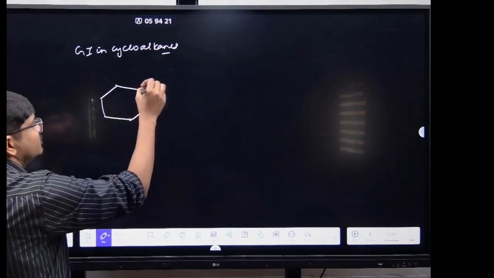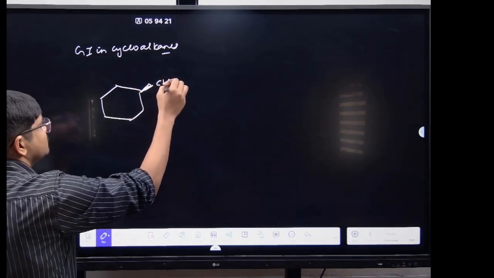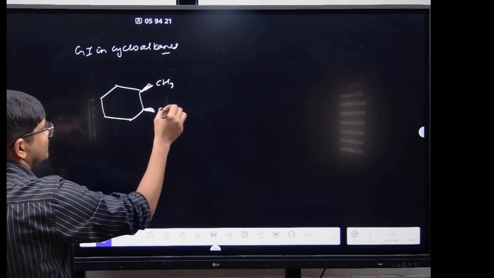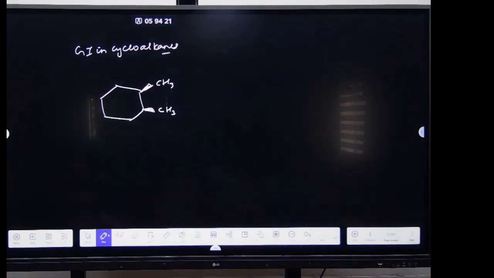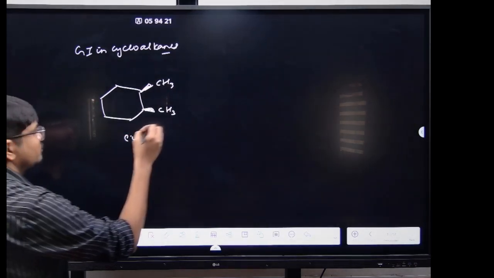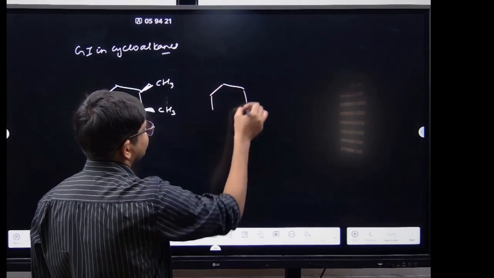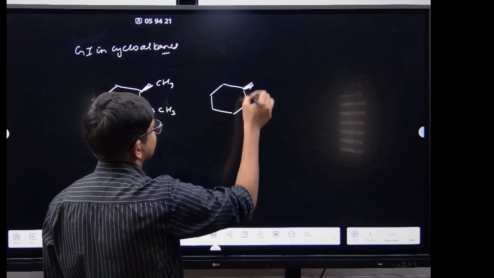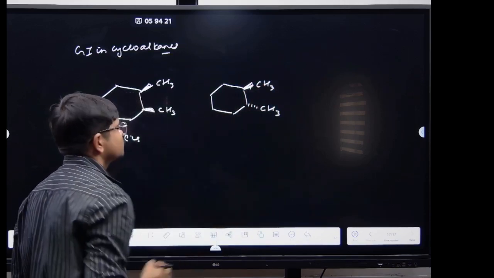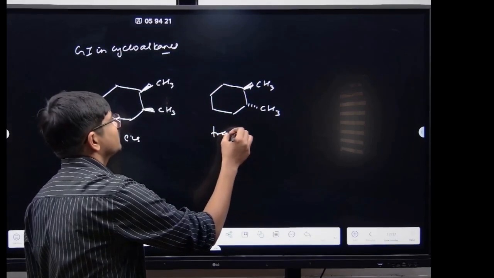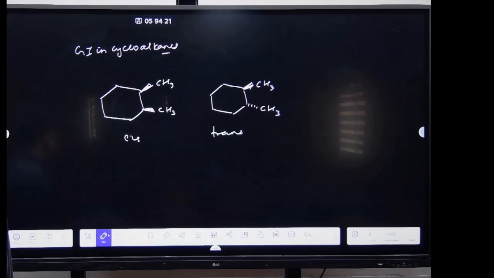Now this can have CH3 and you have CH3 and CH3. This can show the cis as well as the trans form. This is basically the cis form, and we can have the trans form as well. So this can show geometrical isomerism in cycloalkanes.